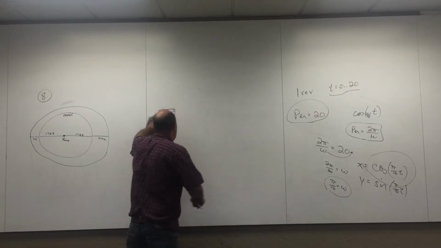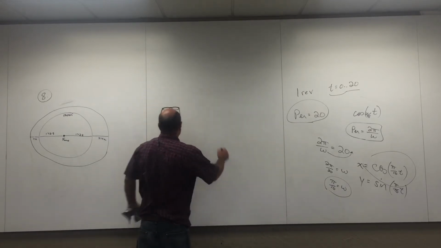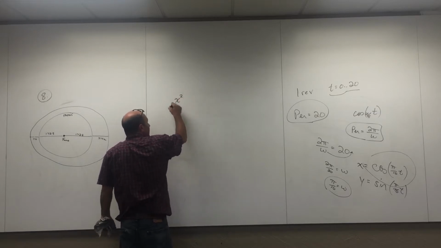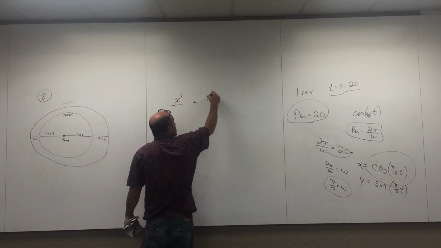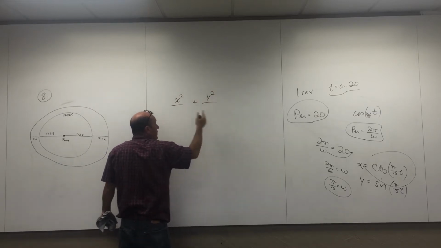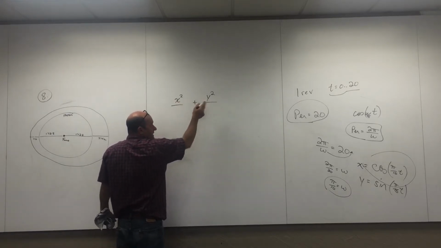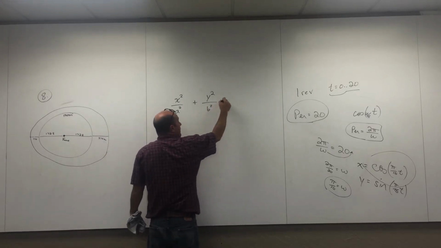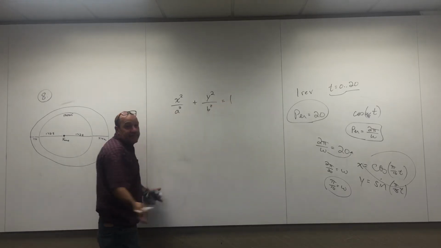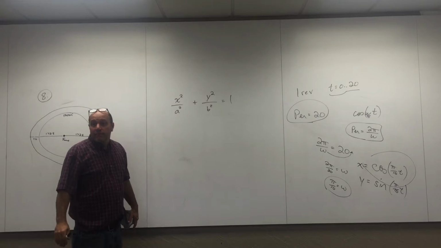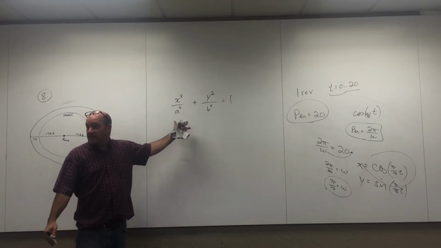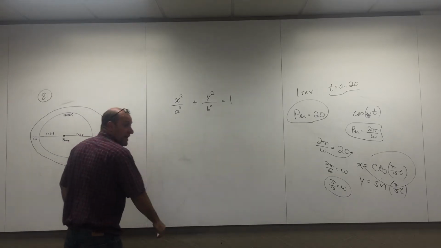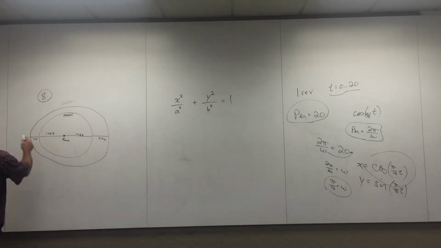This is not parametric equations, although we could do that, but it's just the equation of an ellipse, and I'm going to make the center of my ellipse 0, 0, so I'm not going to put minus h or minus k. What I really need is a squared and b squared. We just talked about how to get a. If you add all that up, that's the major axis, and that's 2a.